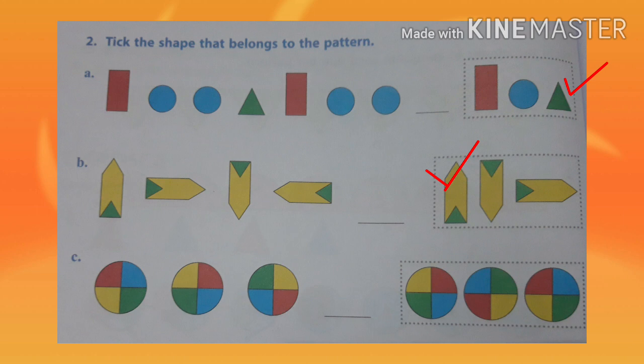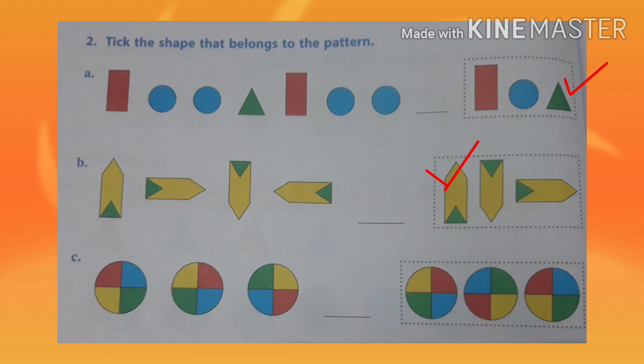Then the next figure, yes, so many circles are there and the circles are divided into 4 colors: red, blue, green, yellow. So in the first circle, the colors are in the order red, blue, green, yellow. Then in the next circle, which color is coming first?